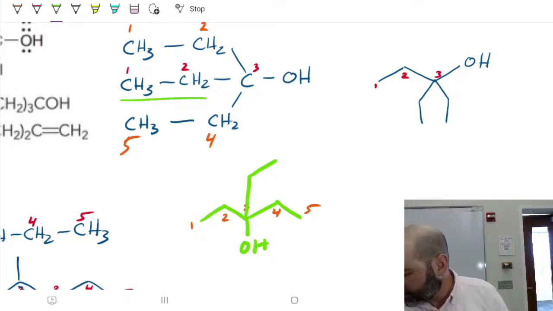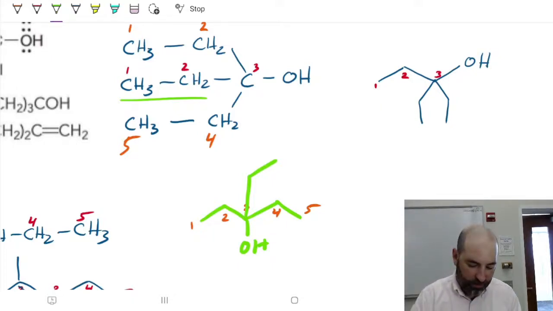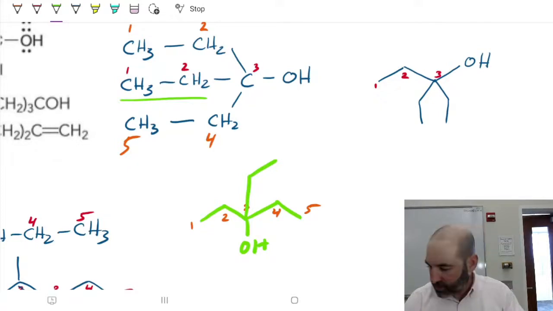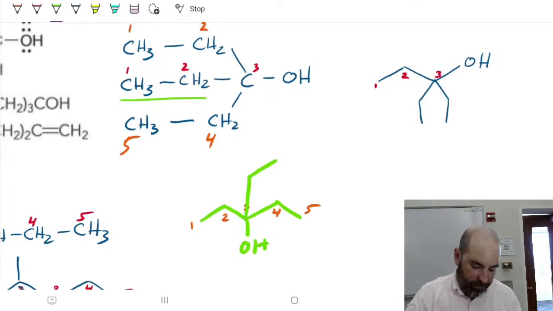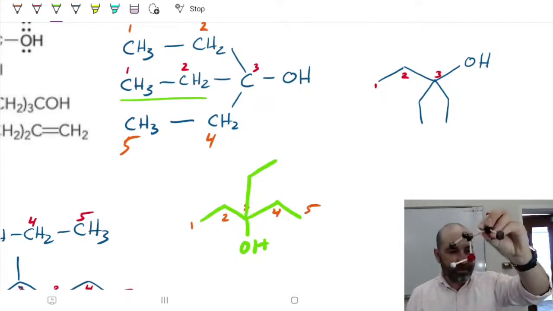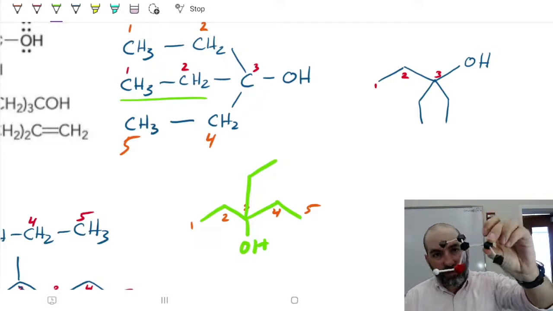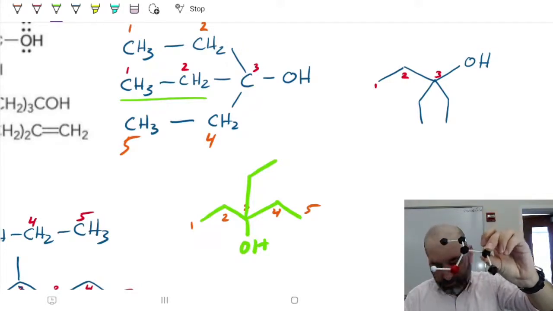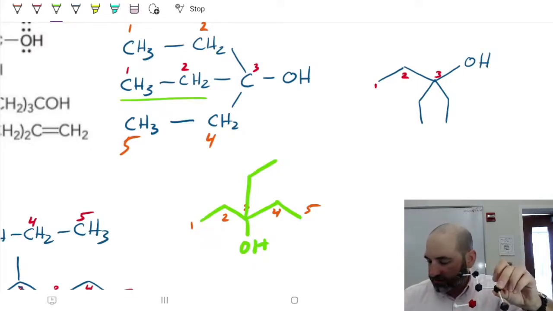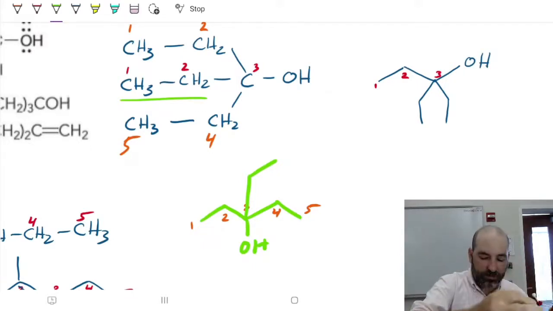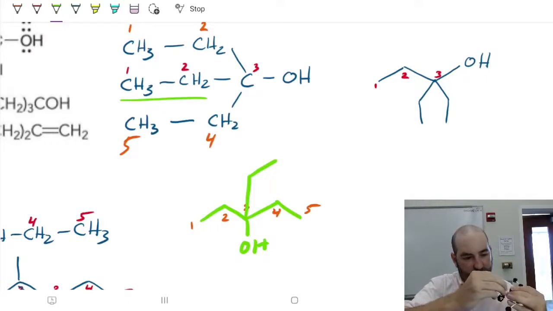So I'll use red for that. O. And I'll put the H on there too, just like with the line structures, we don't abbreviate that. So here's my O and then H. Okay, like that. And then the other additional spot there is going to have my other 2 carbons. So 2 more carbons coming off of there.